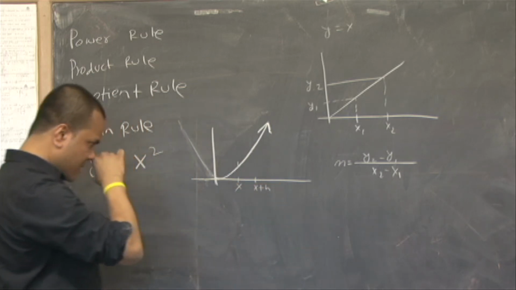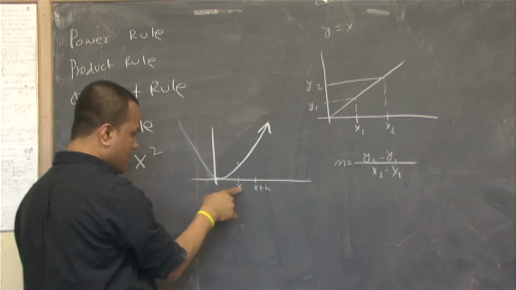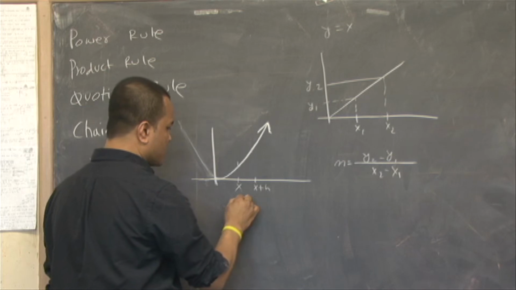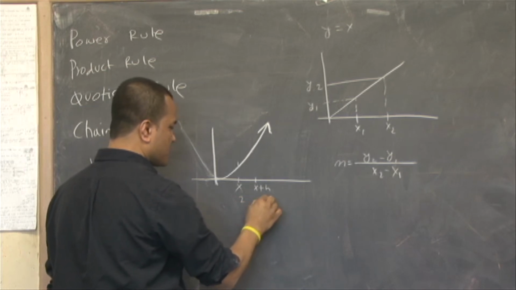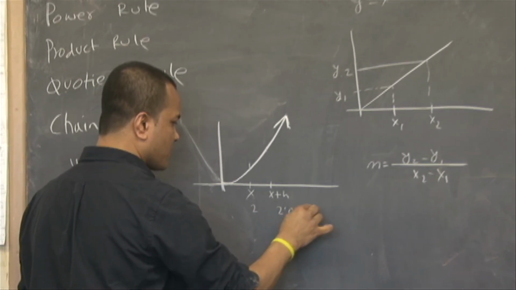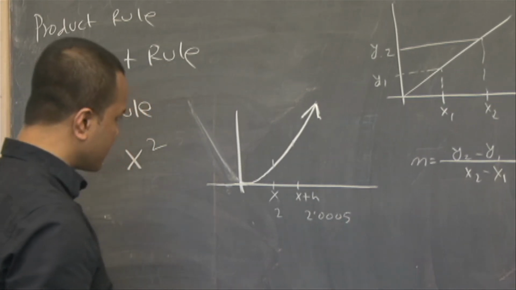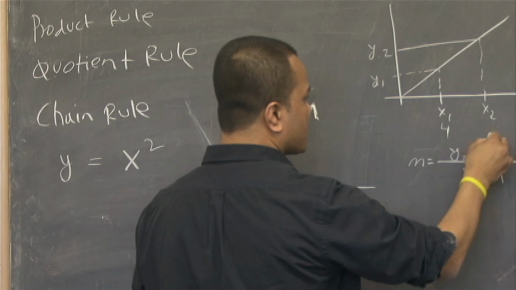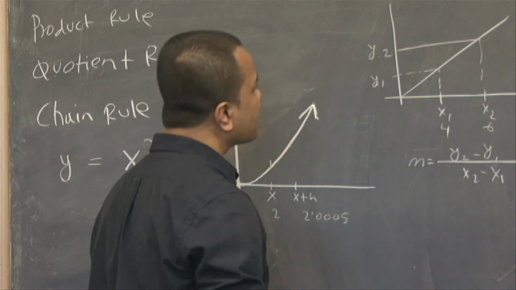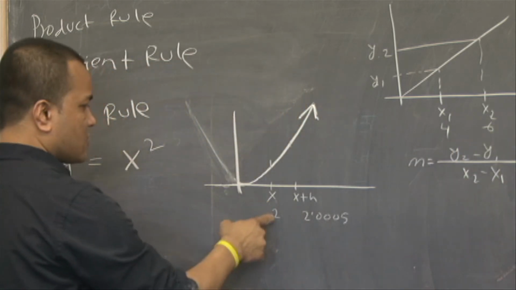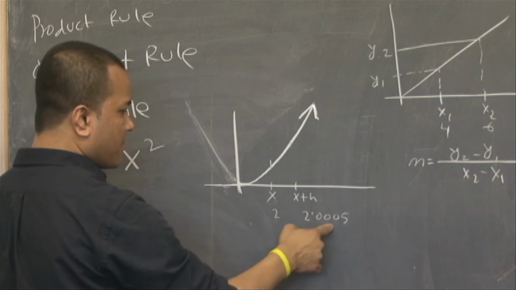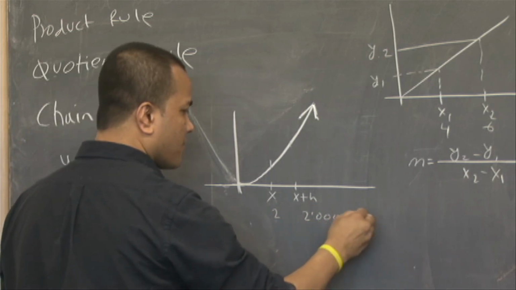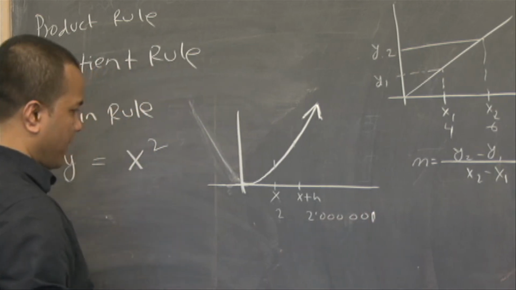What is x plus h? x plus h is a little bigger than x. For example, if x is 2, x plus h is 2.0005, even smaller. In this case, if x is 2, x plus h is a little bigger than 2, maybe this big.